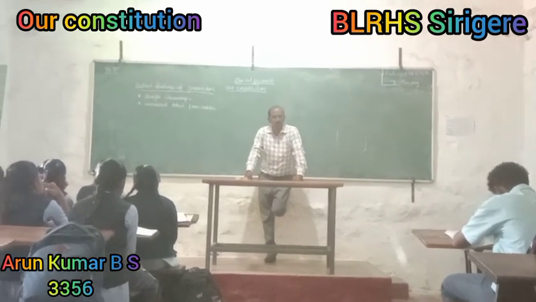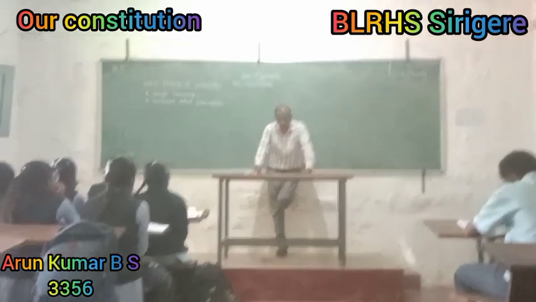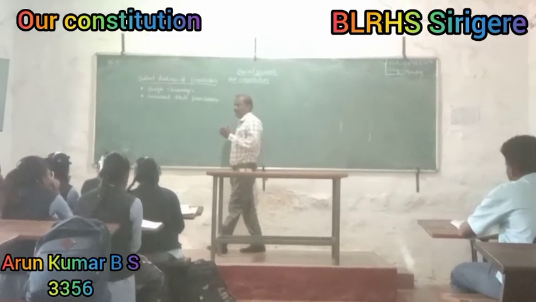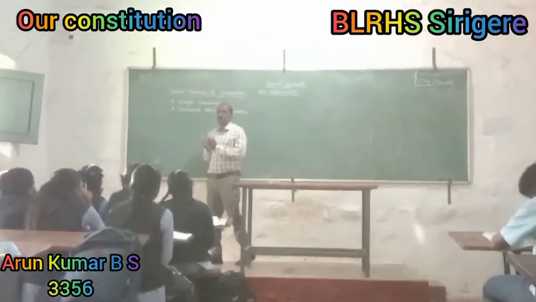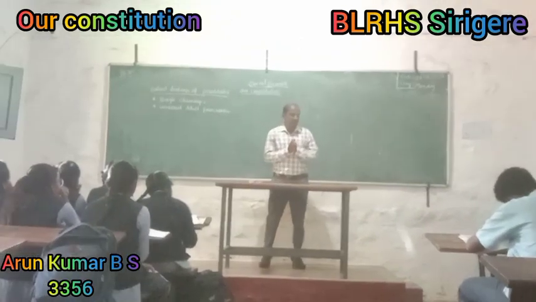So what is the age that has been fixed to practice their vote? 18. So it shows the absolute sovereignty power of the people.